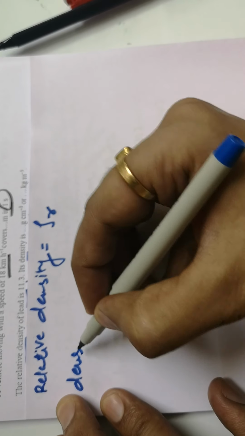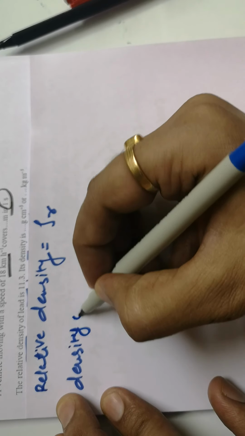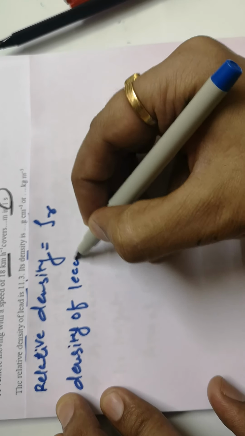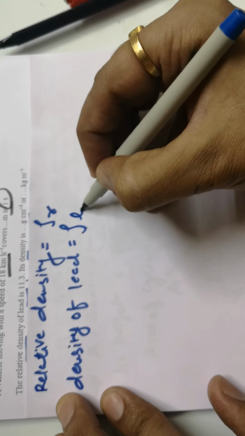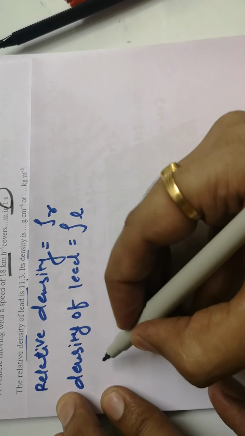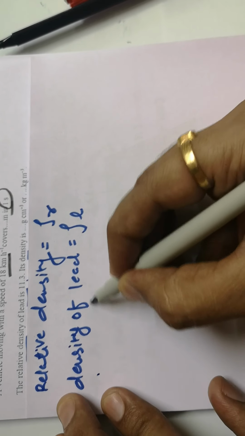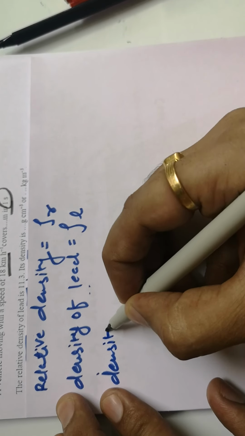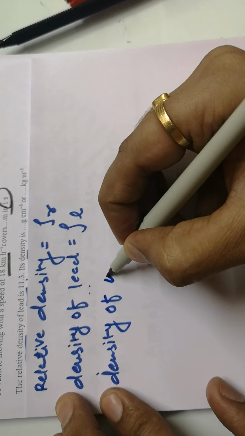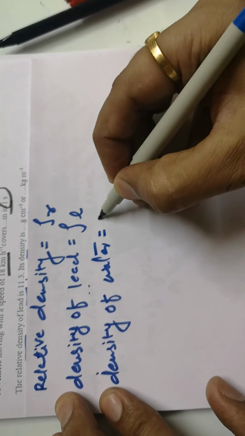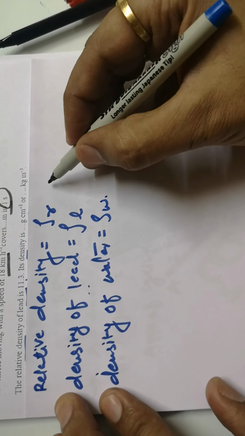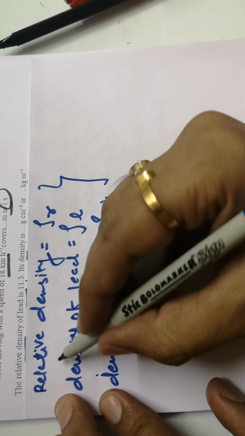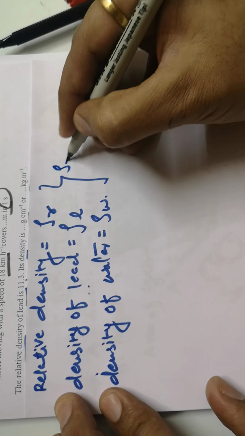Now they have just asked me the density of lead. I'm mentioning that as rho of L, and I'm always comparing such a density with the density of water. So I'm mentioning that the density of water is equal to rho of W. So this is relative, always compared with another one.